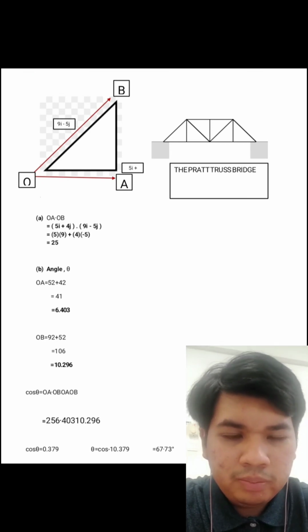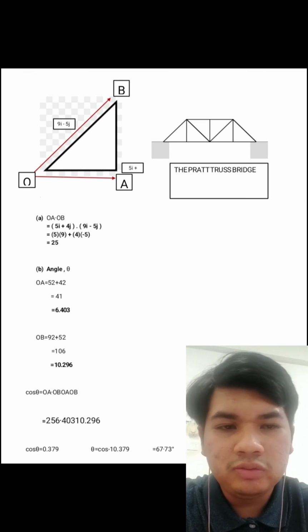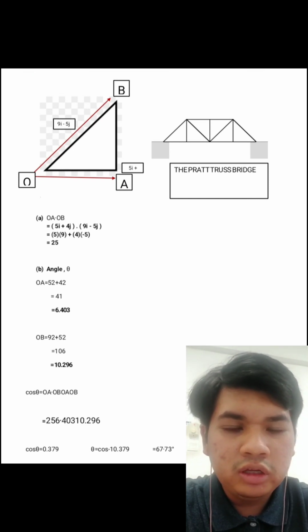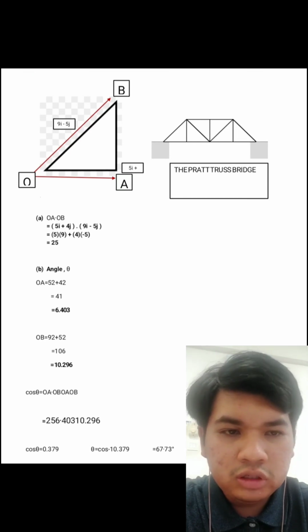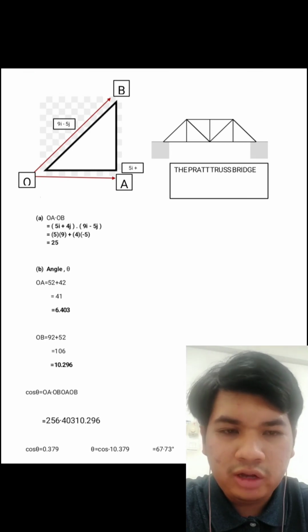So we put OA, 5i plus 4j, scalar dot 9i minus 5j, and we group it by the same ii and jj, and we got 9 plus 4 times negative 5, and when we calculate it we got 25.